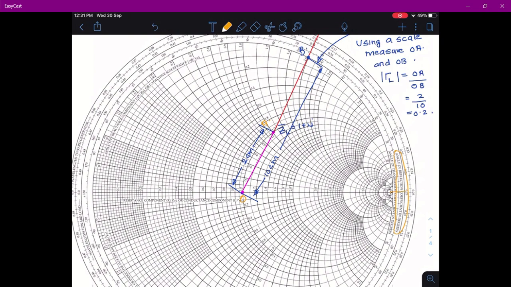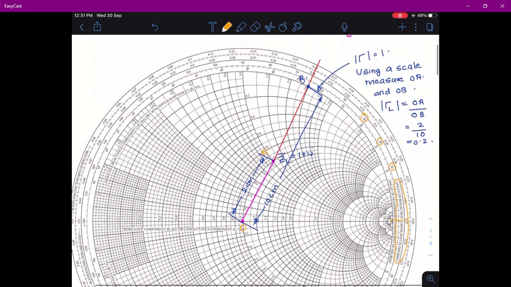You have 0 degree here, and as you move you have 20 degree, 30 degree, 40 degree, 50 degree, 60 degree, 70 degree, and it crosses a point here which is, let's say, around 65 degree.